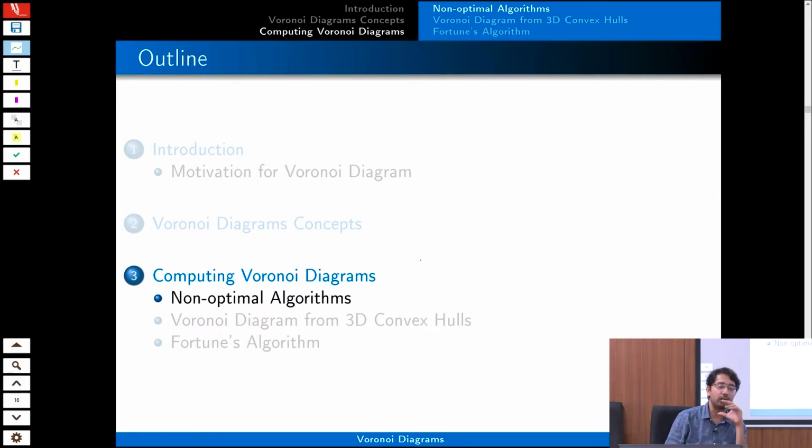First, what is the property of a Voronoi region? This is the intersection of n minus 1 half planes. Can we say that?